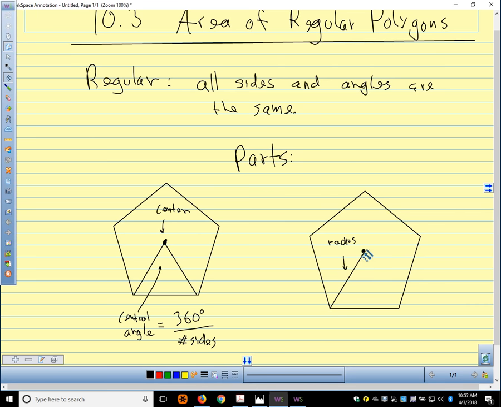And we call the segment that goes from the center to a side at a 90-degree angle the apothem. And on a regular polygon, the apothem cuts a side in half.